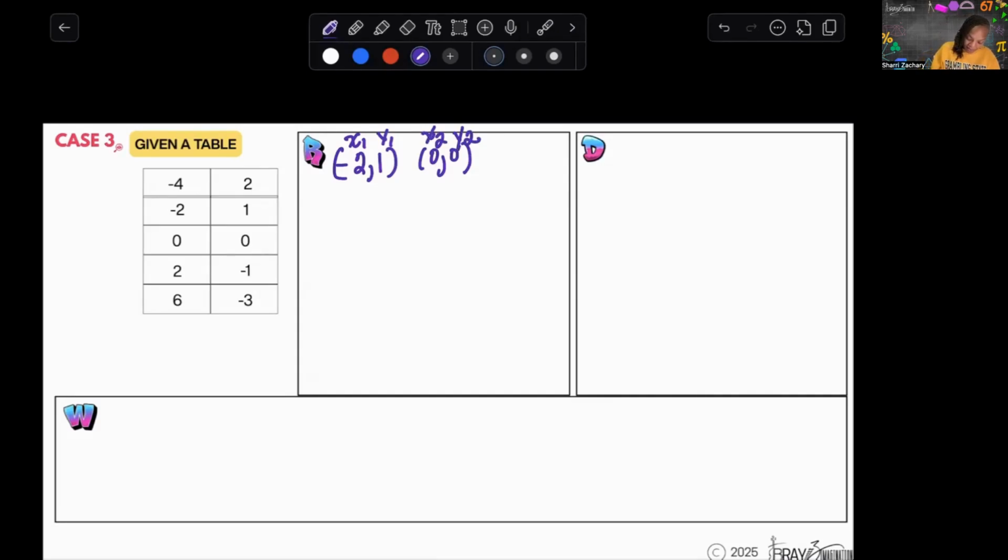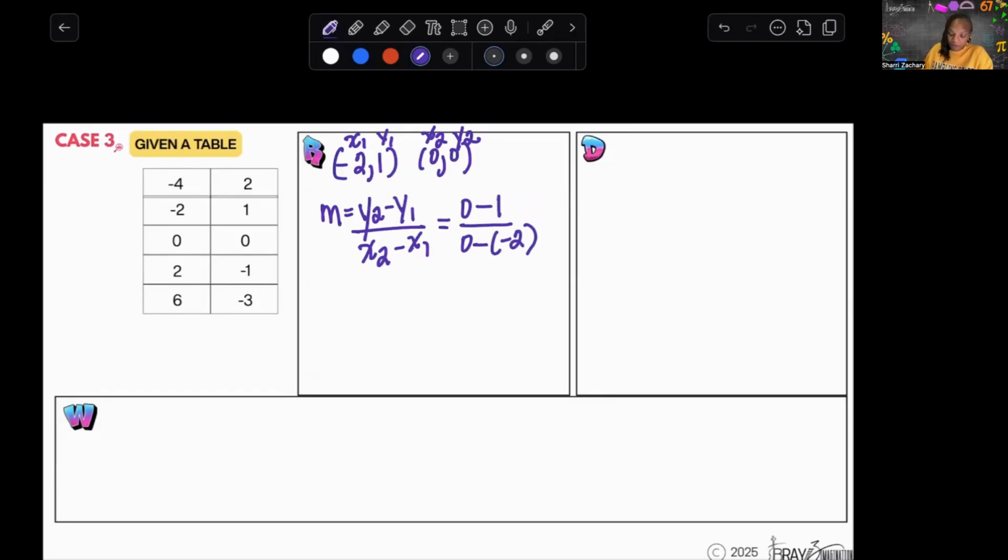My slope formula is y sub 2 minus y sub 1 over x sub 2 minus x sub 1. I'm going to substitute my values into my slope formula, and I see that 0 minus 1 in my numerator, and in my denominator, I have 0 minus a -2.